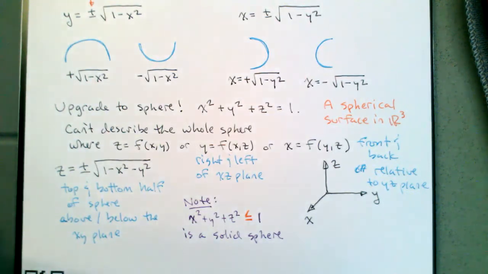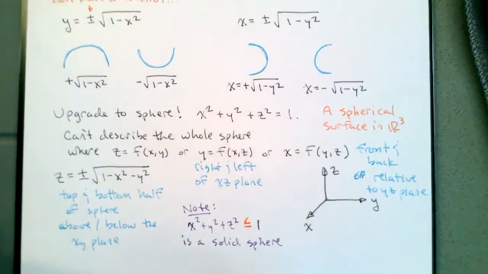The distinction I want to make is when I write x squared plus y squared plus z squared equals 1, that's all the points that are 1 unit away from the origin. That's how we describe a sphere. It's everything that's the same distance from a single point.